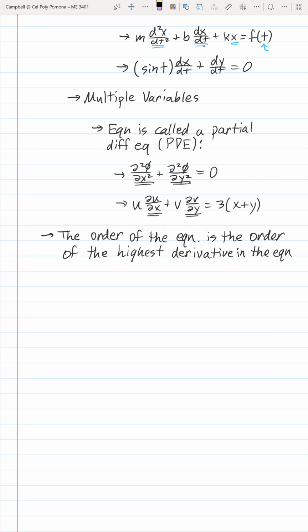So fairly simple one, 5 dx/dt plus 3x is equal to 2t. And so, of course, this would be a first order differential equation because the highest derivative is a first order differential.